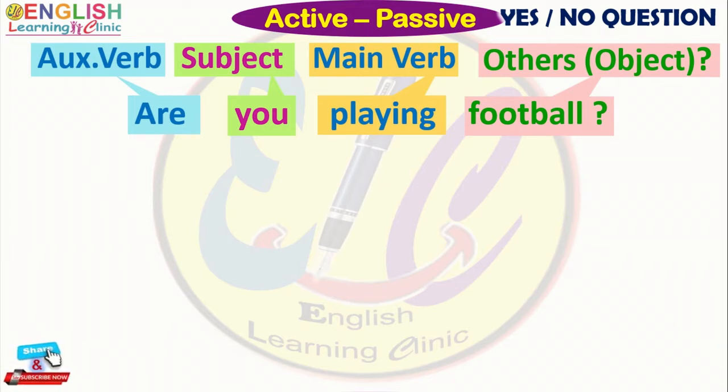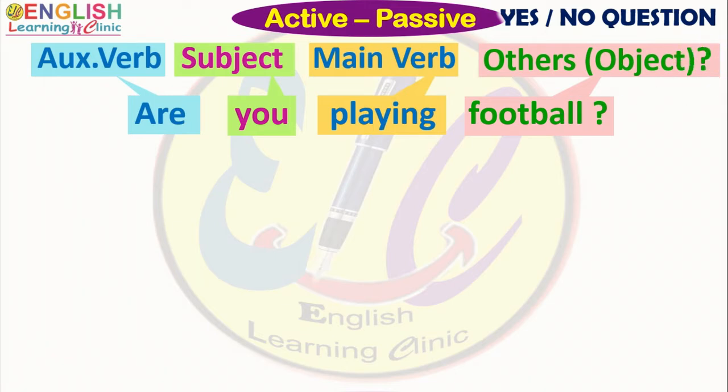I have already discussed in detail in the videos of my 10 series that in the others there are three types of things, that is adverbials, complement or object. So, the structure is auxiliary verb, subject, main verb, others, and next the note of interrogation.